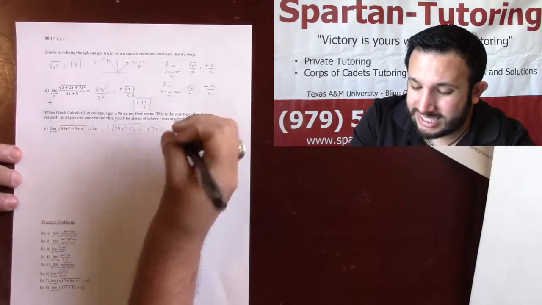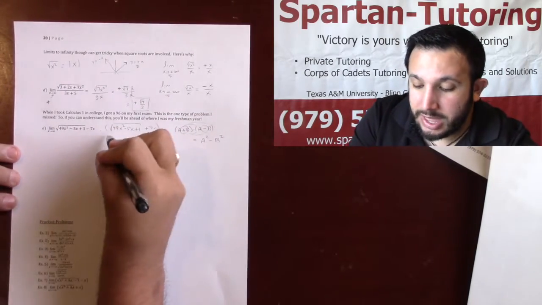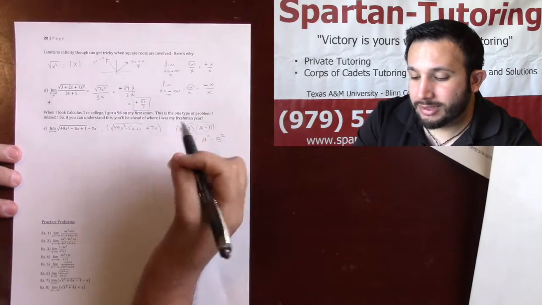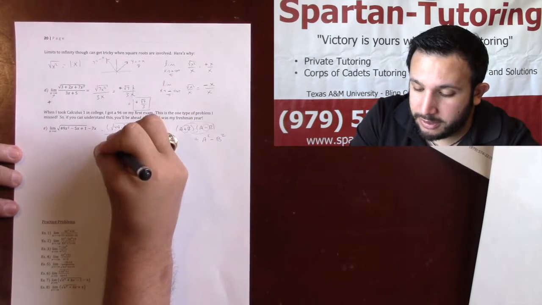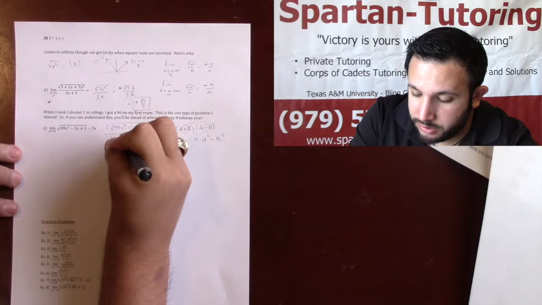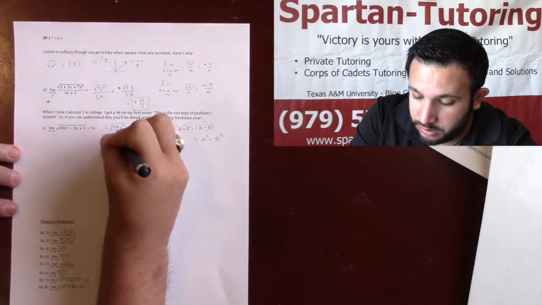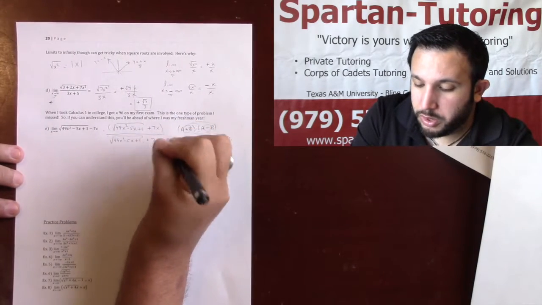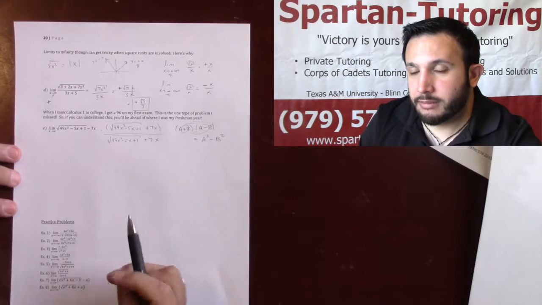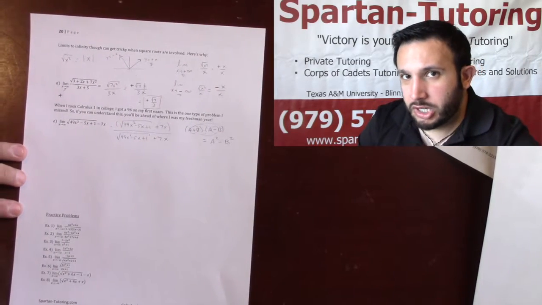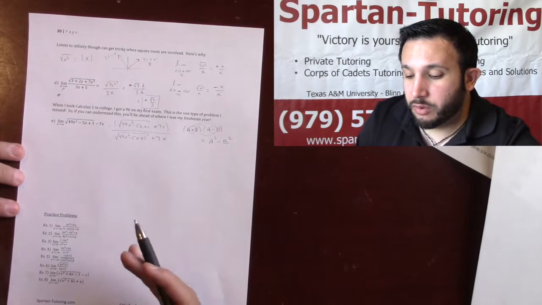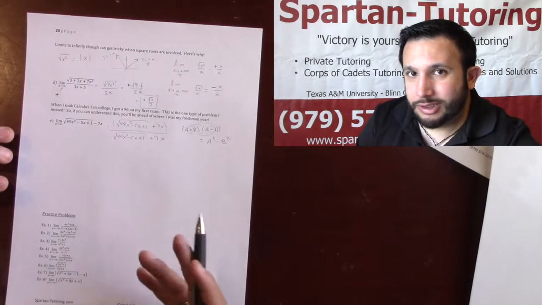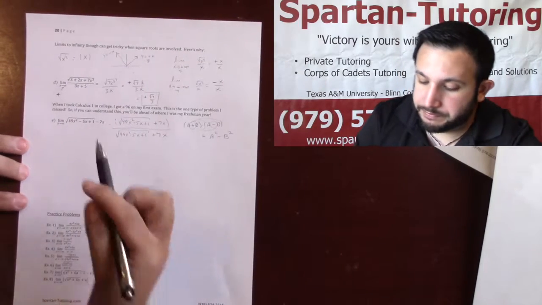You just change the sign of the middle term. Now, you don't want to just multiply by this and be done, because you're not done. You have to divide by the same thing, the square root of 49x squared minus 5x plus 1 plus 7x. The reason you need to do it on both top and bottom is because we're multiplying by 1. I don't want to change the value of the function. I'm just manipulating it and strategically multiplying by 1 in order to help us solve this problem.